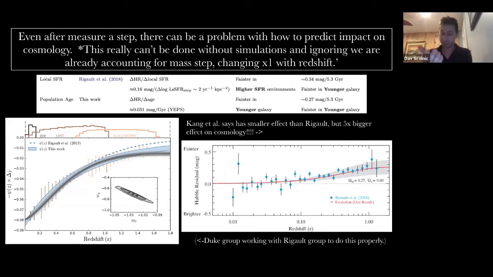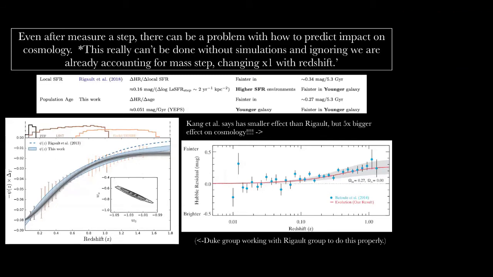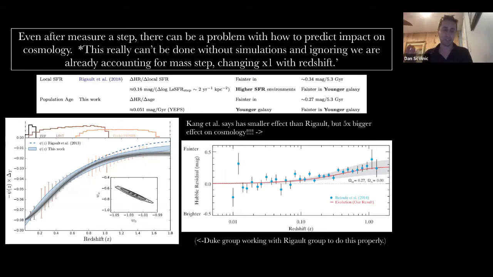There's a nice table showing this. Here's Rigault et al., which is kind of similar to this age effect, and the prediction is that, as you can see on the right, this would be 0.34 mag fainter, and then this paper 0.27 mag fainter. So pretty similar.